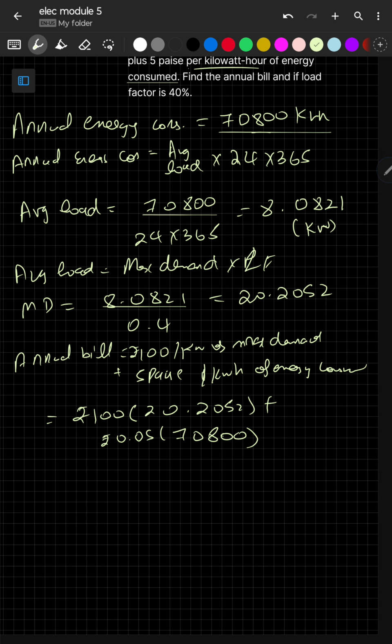I am getting, hold on, there is a problem. One second. Let me just redo 20.2052 into 100. Yes, that is basically 2020.52.